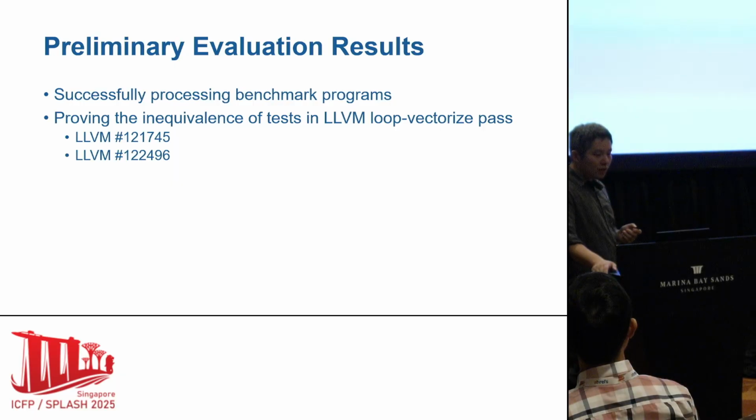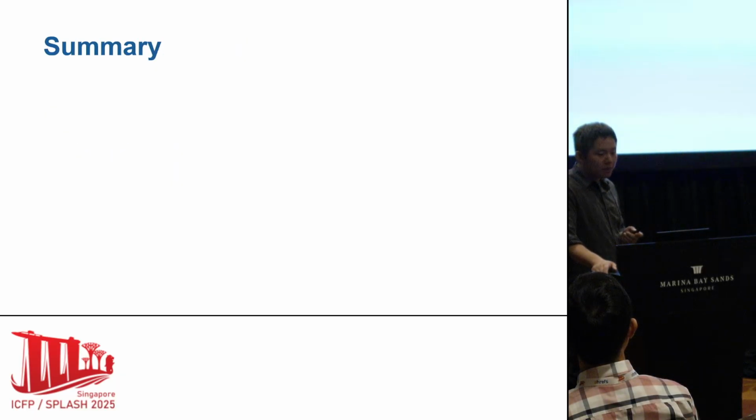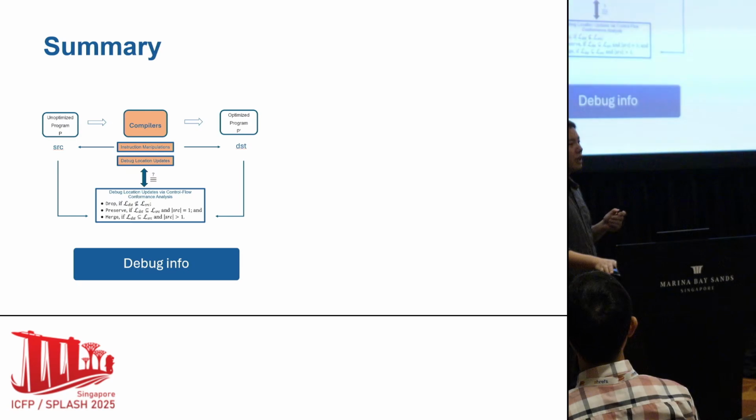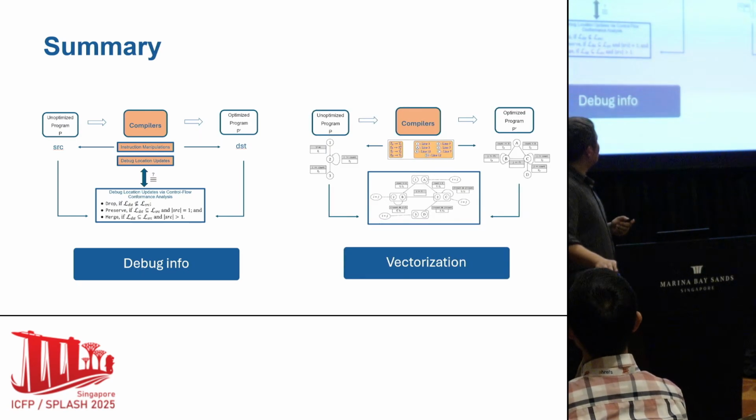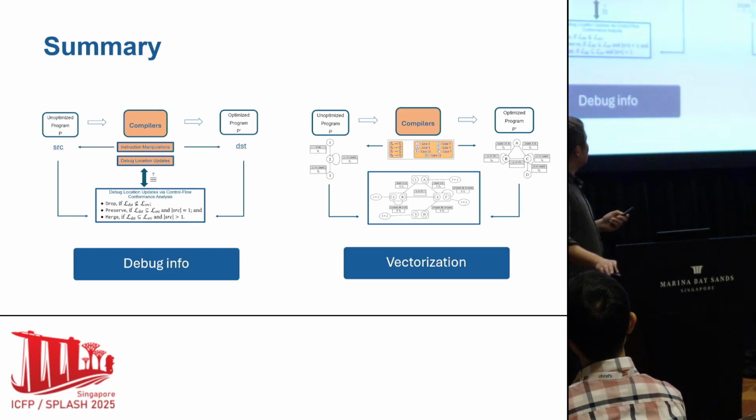So to sum up, in this talk, I described the idea of doing compiler instrumentation and using the instrumented information to help with compiler testing and validation tasks. Specifically, I talked about 2 applications. The first application is related to debugging information, location information generation, and the second application is related to validating a loop vectorizer.